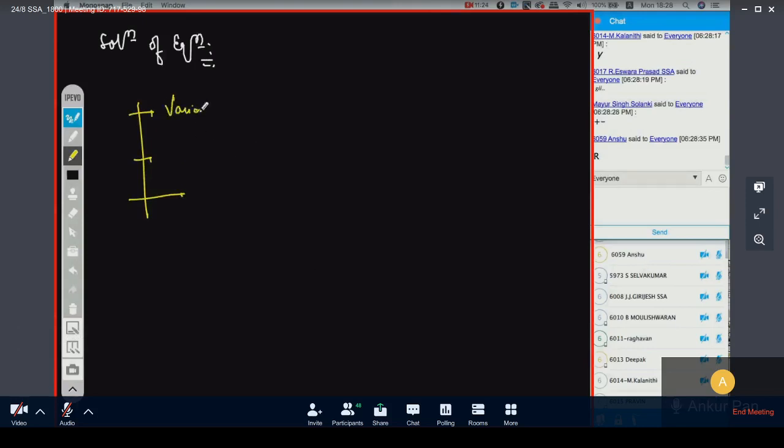One is the variable separable method. One is the homogeneous differential equation. And at last there is the linear differential equation. This one is the most important one. These two will also come, but this is guaranteed coming.